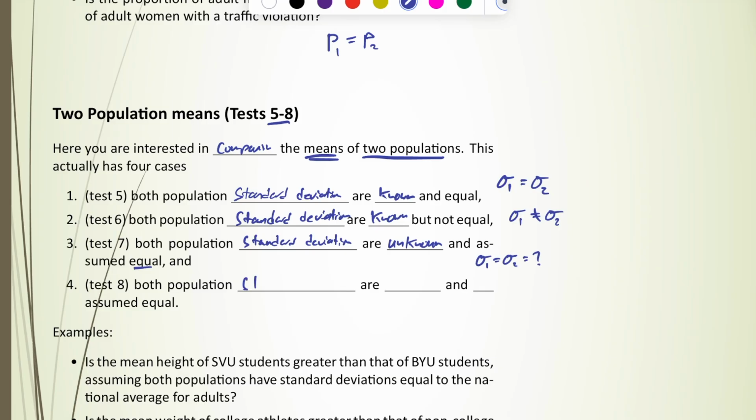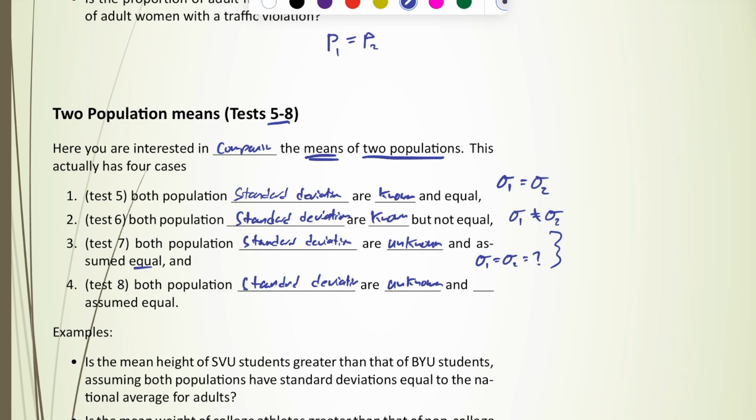And then the last case is when the standard deviations are unknown and assumed unequal. This one right here, test 7, is the most computationally difficult. So the computation of each of these tests is different because of what we know and what we don't know.